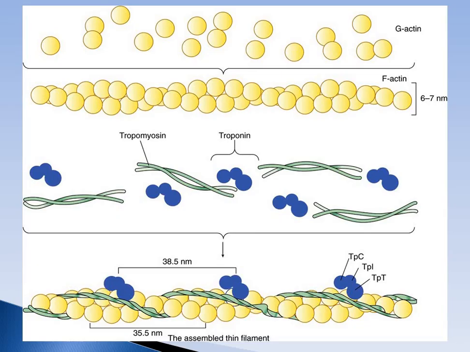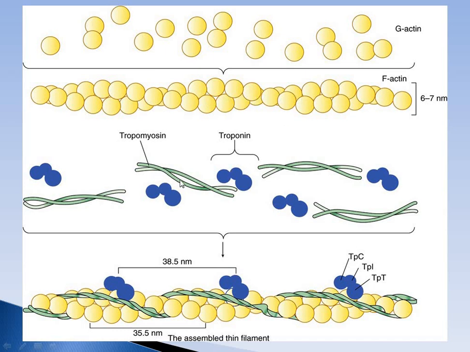This is a figure that shows all three types of protein. These are the globular structures, and these globular or G-actins combine together to make up one long chain, that is F-actin. So two F-actin twist around each other to make up one microfilament.